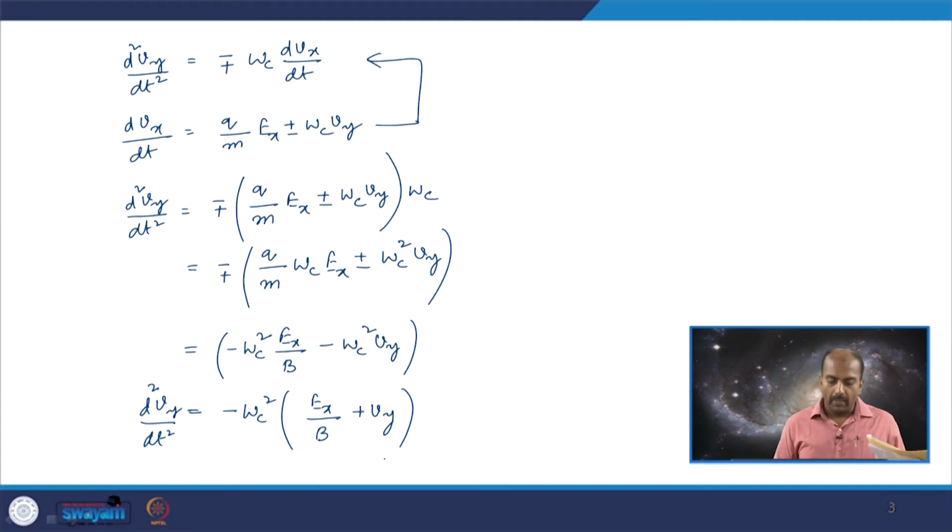Right. This equation, let us call this equation number 7.